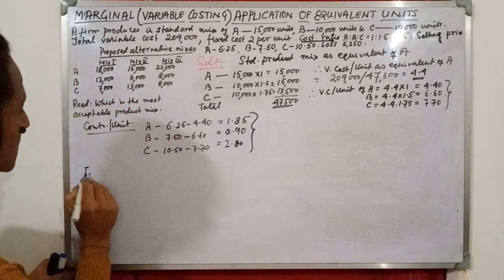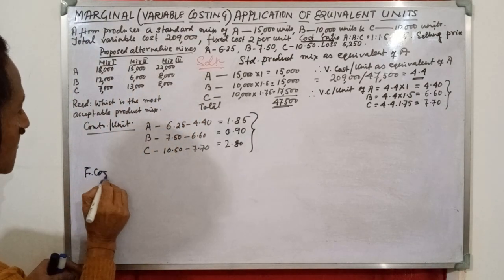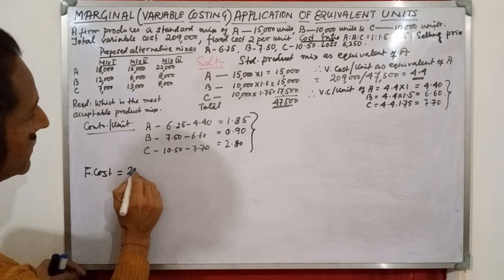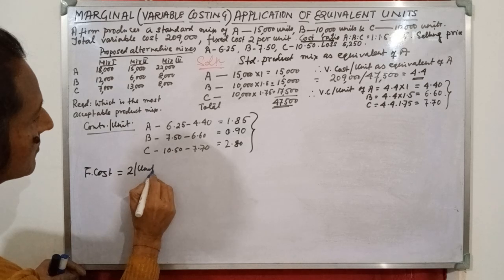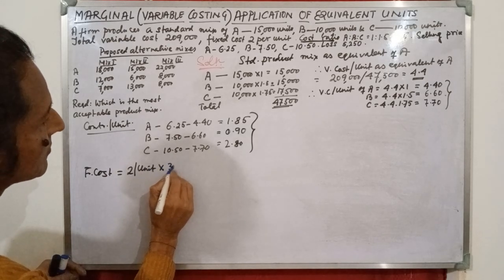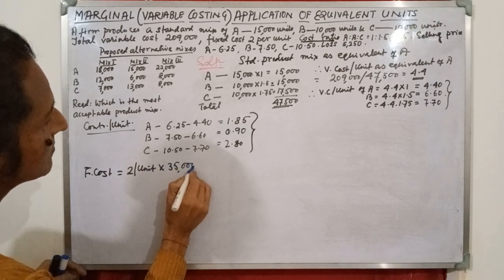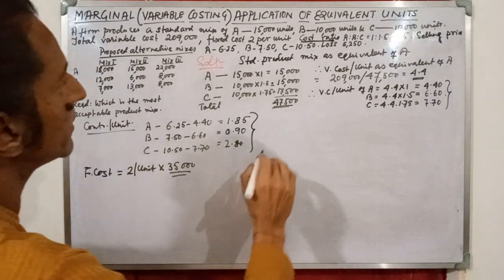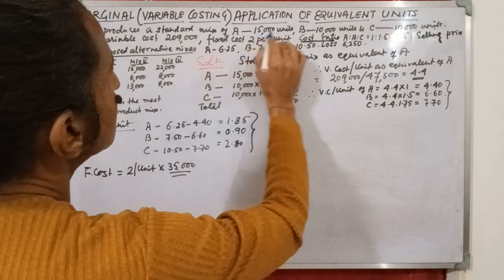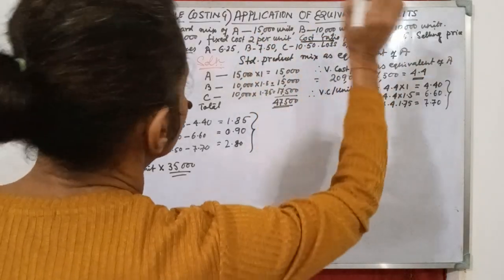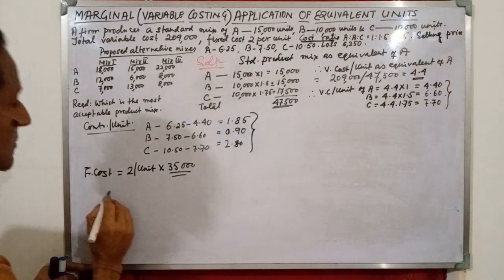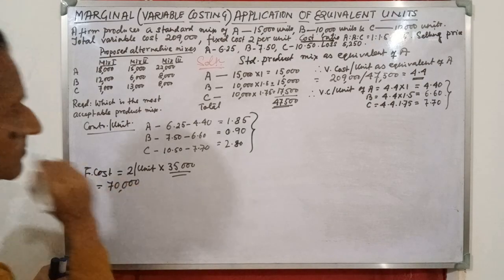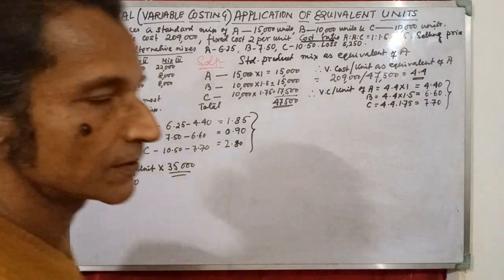So fixed cost is two per unit into 35,000. 35,000 has been derived by adding 15,000, 10,000 and 10,000. So total fixed cost is 70,000.